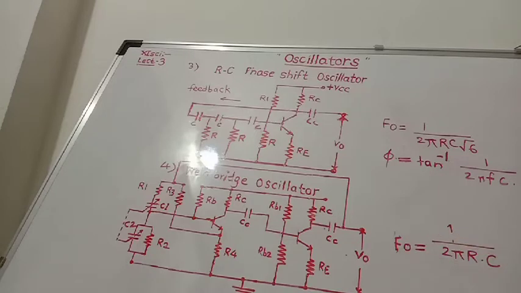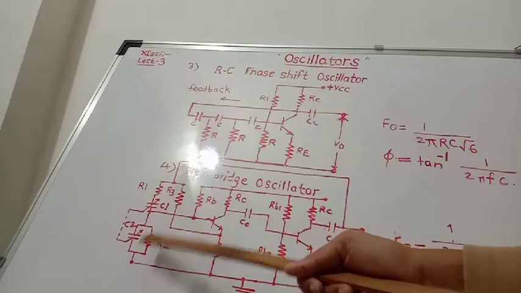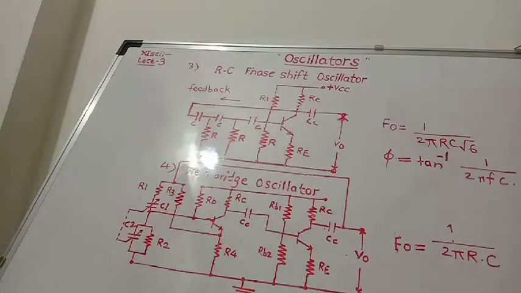Okay. Now the next type is the Wien bridge oscillator. This is a Wien bridge oscillator circuit. Here the feedback is given to this RC network, and there are two stages of amplifiers. These are two RC coupled amplifiers, cascaded with each other.